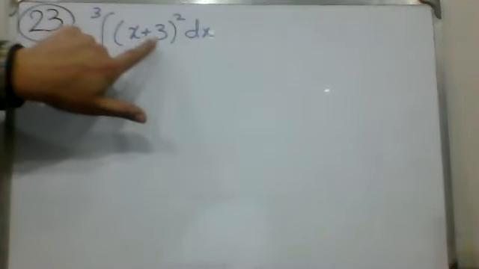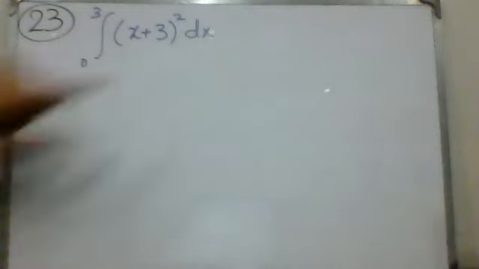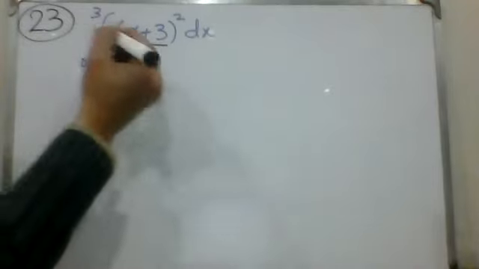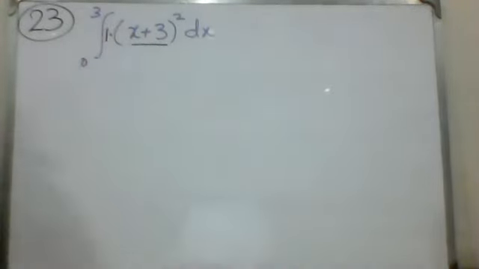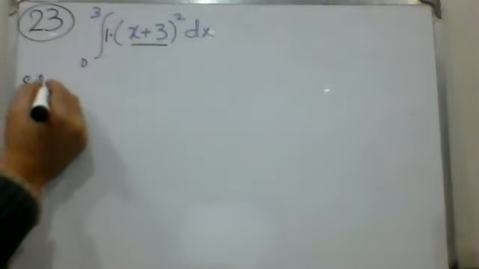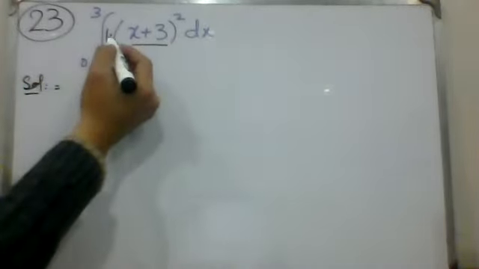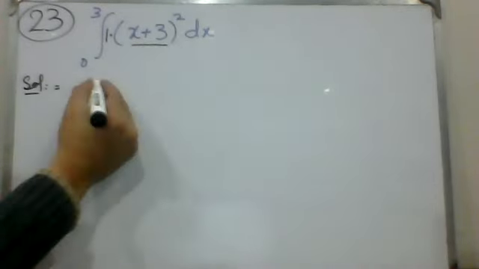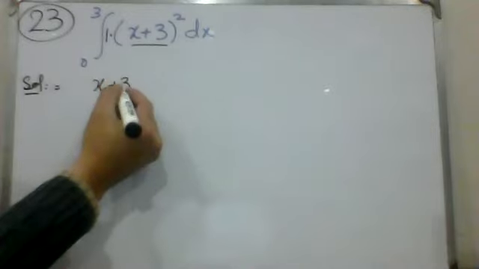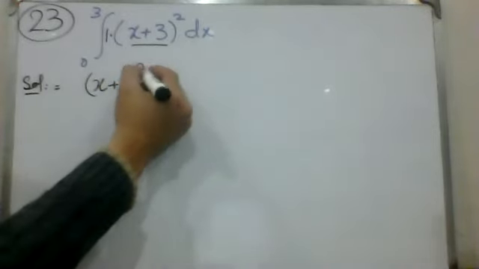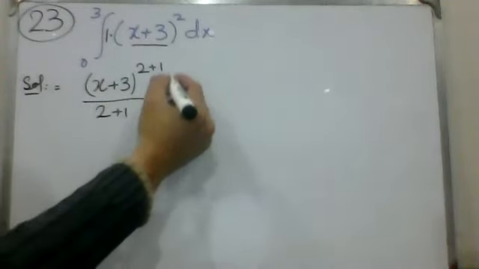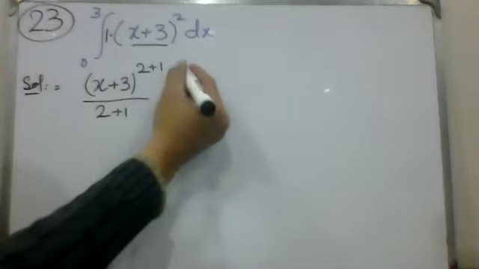1. Derivative of constant is what? 0. So it means that for the whole term in the bracket, its derivative is 1. Its derivative 1 is multiplied with that term. If the derivative of the function is multiplied with the term, then we simply add 1 to the power of the function. So we can write x plus 3 whole power 2 plus 1 divided by 2 plus 1, from 0 to 3.